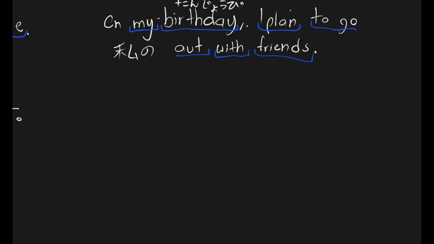And remember, I plan, yotei, and then to go out. So, to go out would be dekakeru. And friends, tomodachi. That's a pretty common one. So now this is all the vocab you need. So if you waited for the vocab to be listed out, pause here and try to form the sentence. Try to form it.